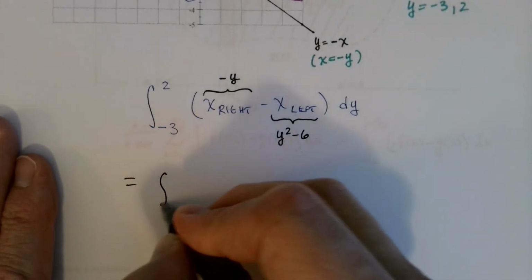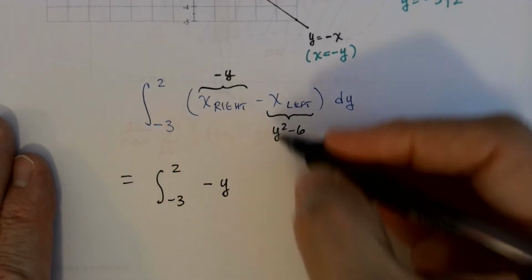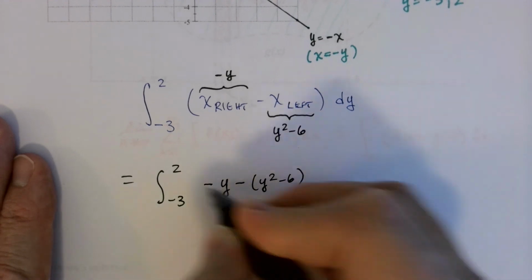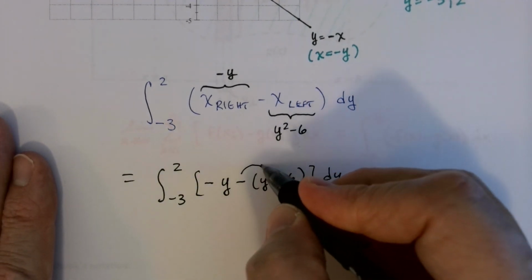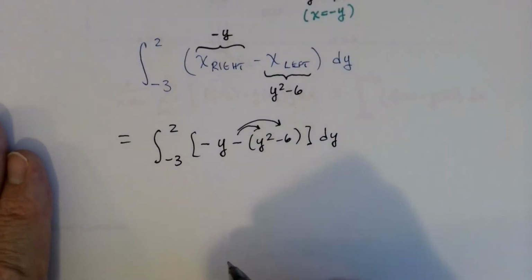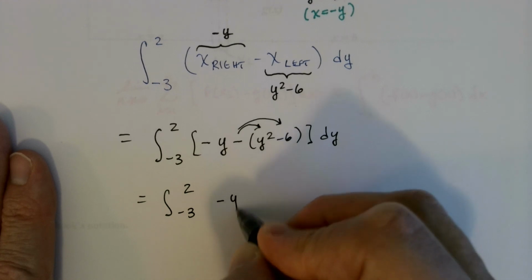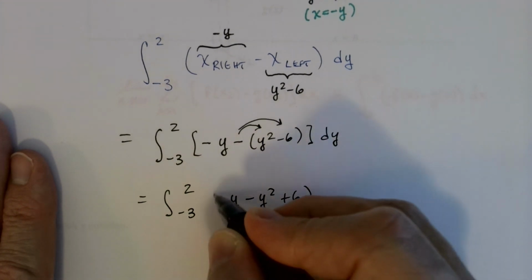So our integral is from negative 3 to 2 of negative y, and I've got minus, be careful here, y squared minus 6. So I'll have to distribute that negative through. And we get the integral from negative 3 to 2, negative y minus y squared, negative times negative plus 6.